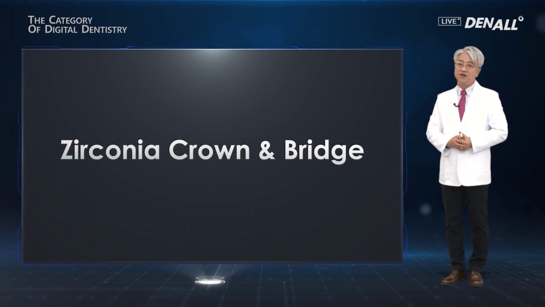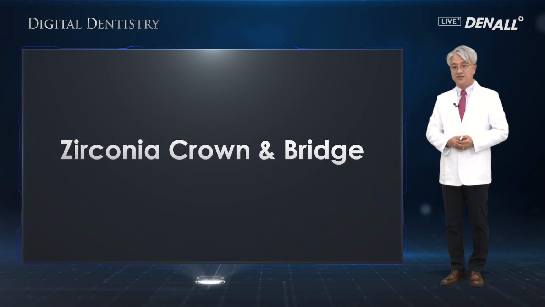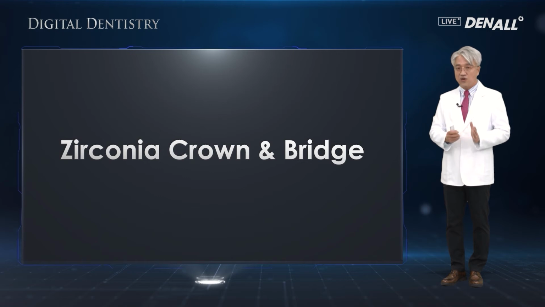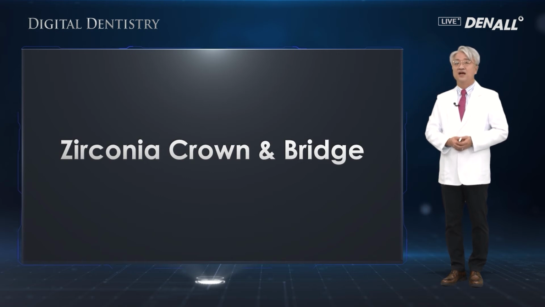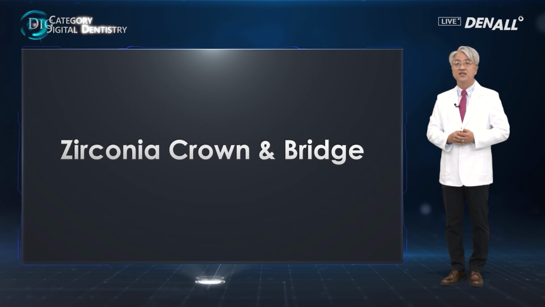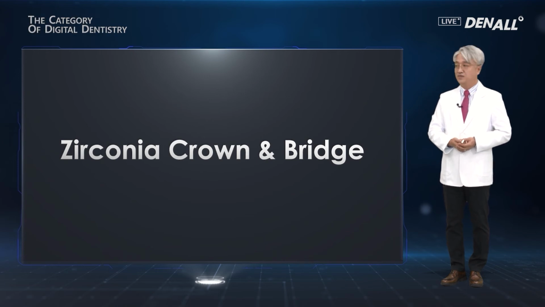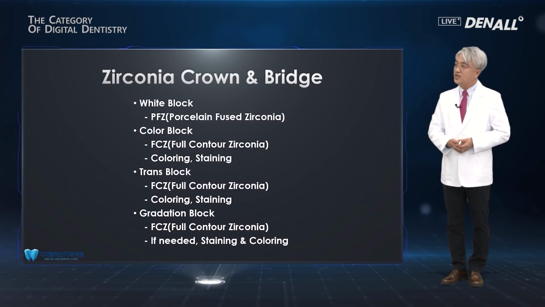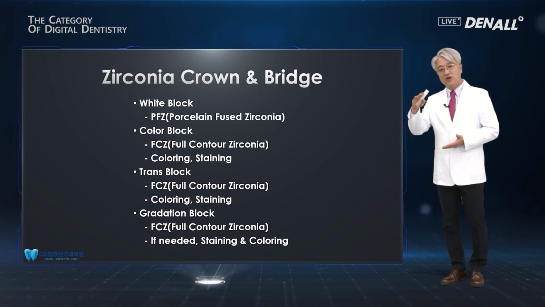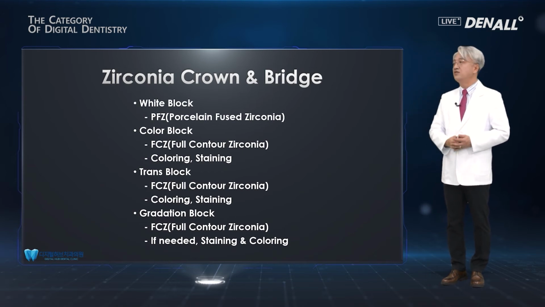Now, in digital dentistry, especially about implants, I've talked a lot in about 8 lectures beforehand. So now I will talk about zirconia, with more specific information. First, zirconia has advanced a lot compared to the past.